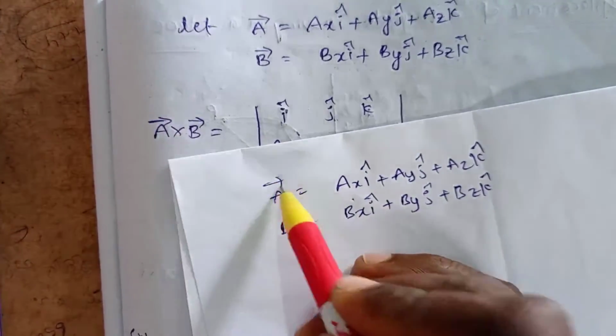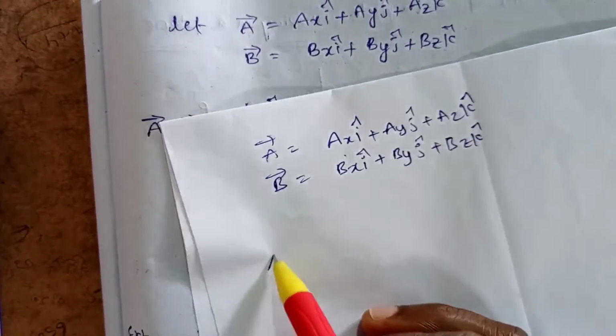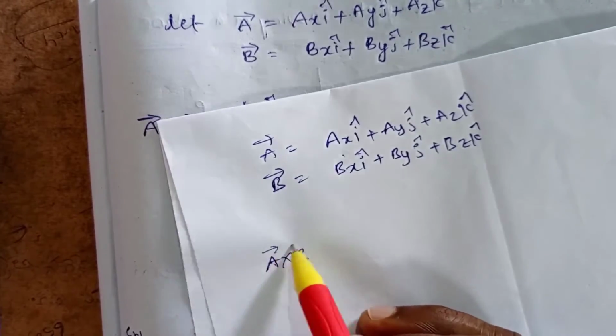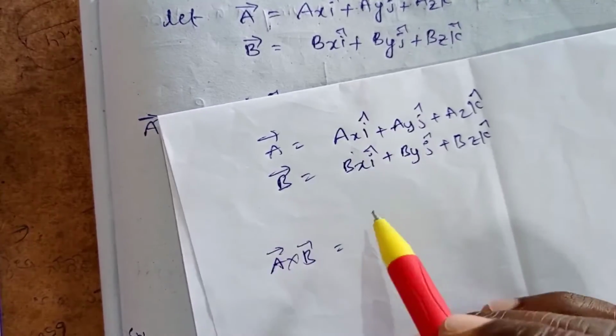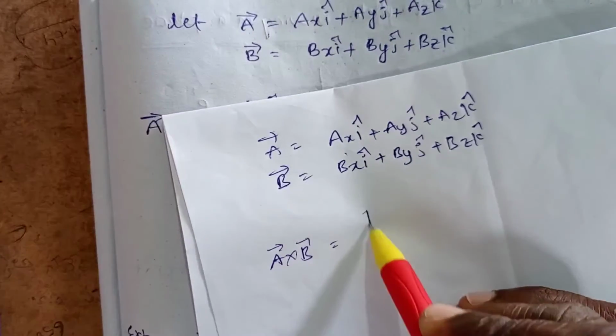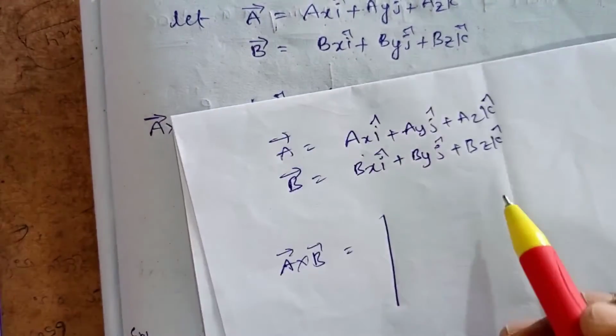So these are the two vectors. You can find the cross product of these two vectors by using the determinant method.